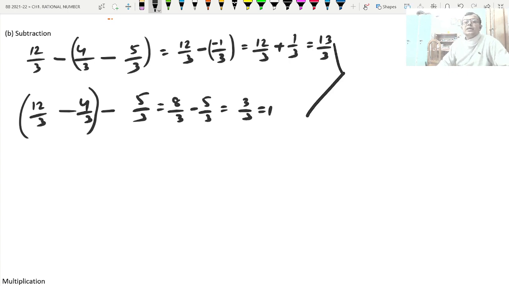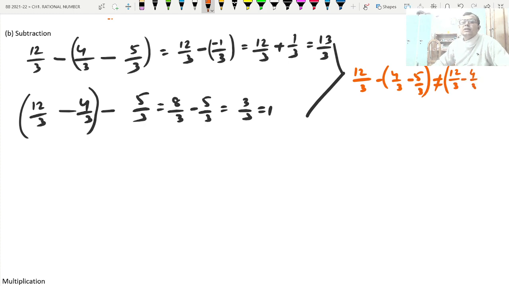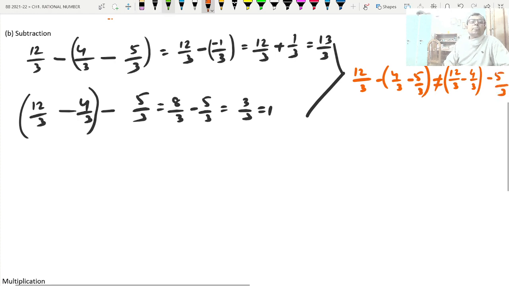What does this imply? 12 by 3 minus 4 by 3 minus 5 by 3, with the brackets in different places, these are not equal.